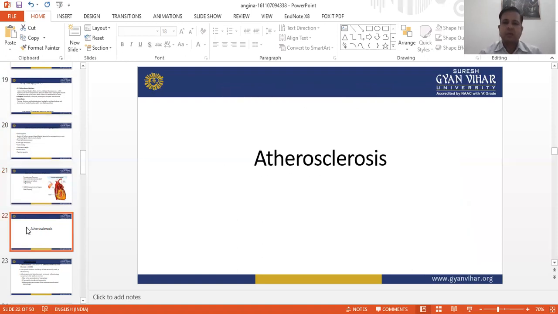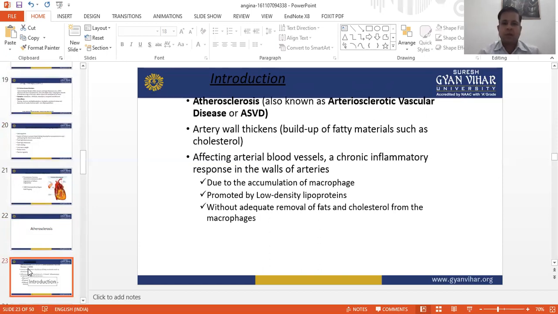Next, atherosclerosis. Atherosclerosis, also known as atherosclerotic vascular disease, is artery wall thickening due to buildup of fatty materials such as cholesterol, affecting arterial blood vessels.